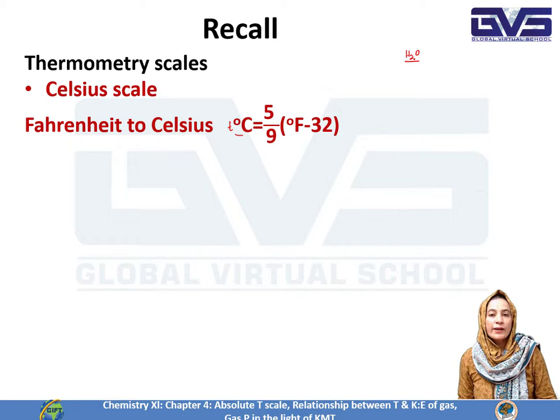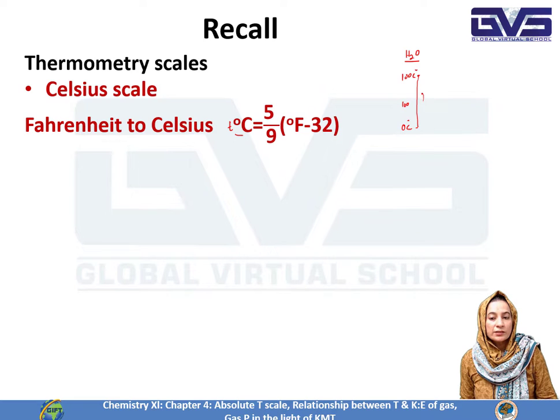Water, H2O, has three states: solid, which is ice, liquid, which is water, and gas, which is steam. With reference to these, there is 0 Celsius and 100 Celsius, and between 0 and 100 there are 100 divisions.